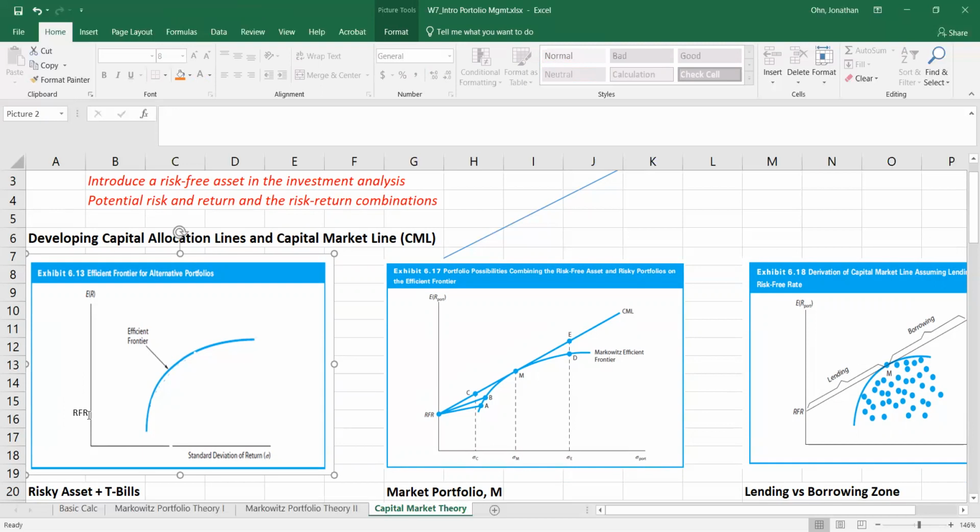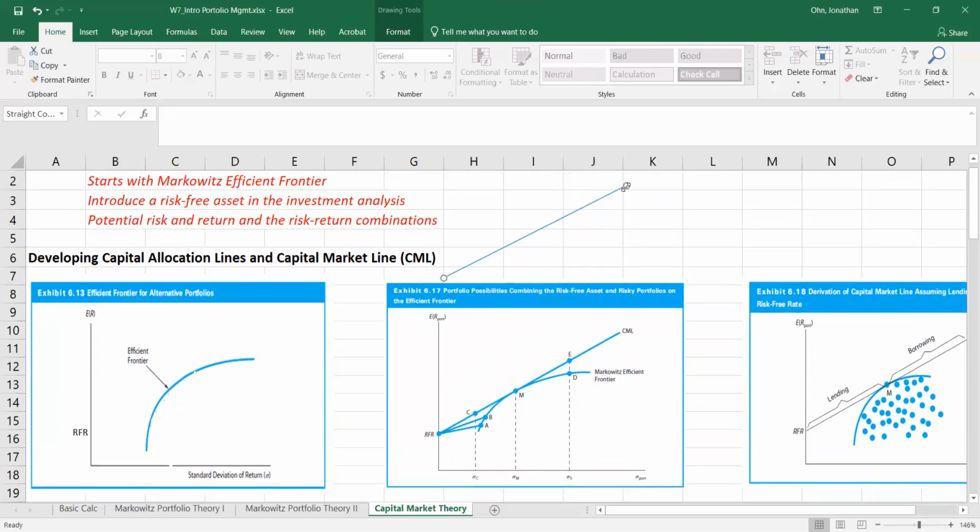So if you combine anything between these two, let's use this. If your decision is to combine the risk-free asset and some risky asset here, you could combine this one here.